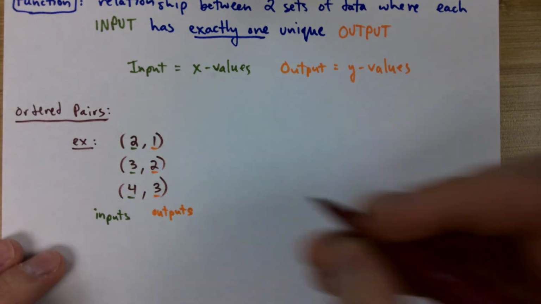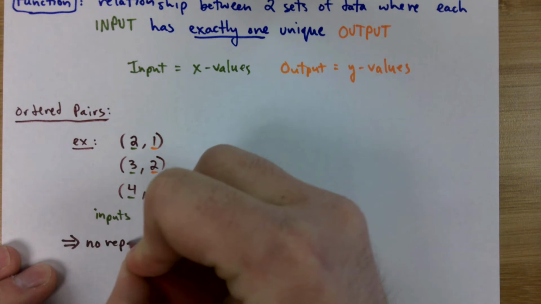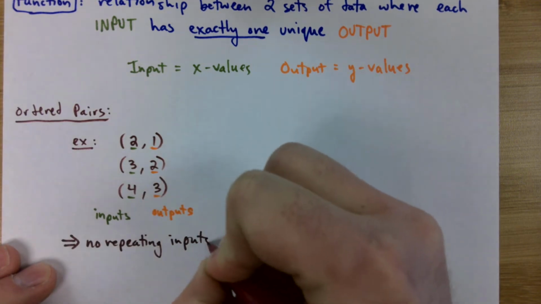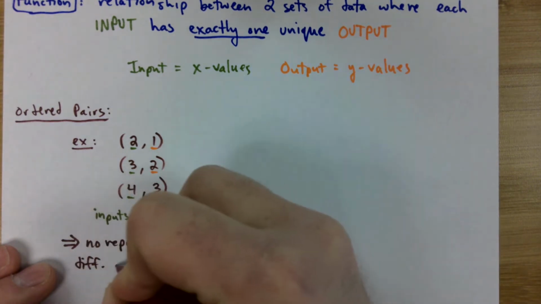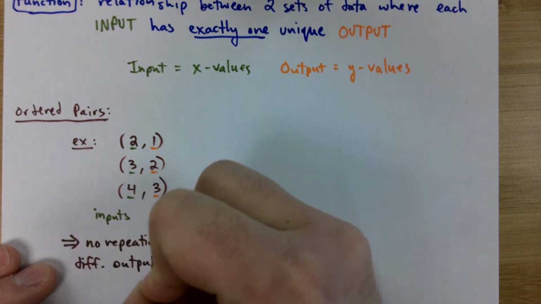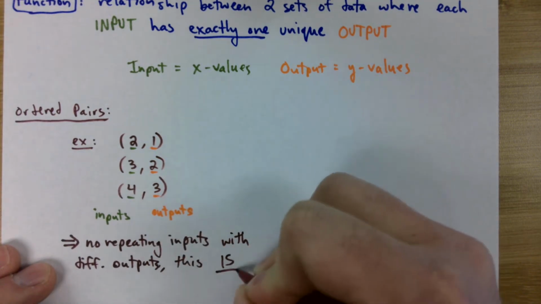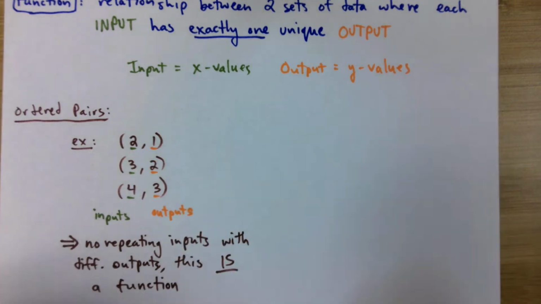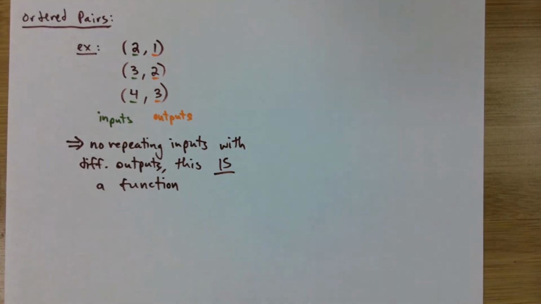So for this one, we've got no repeating inputs with different outputs. Therefore, this is a function by our definition of a function that we just established.